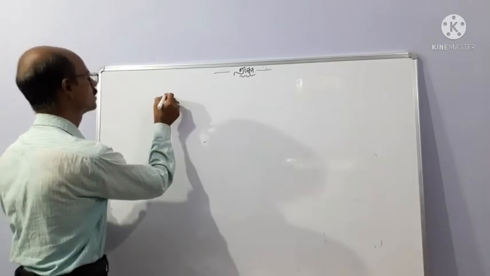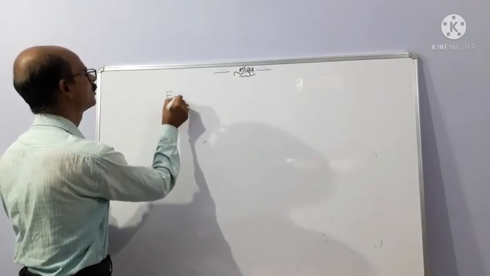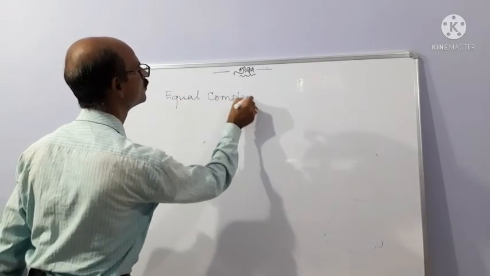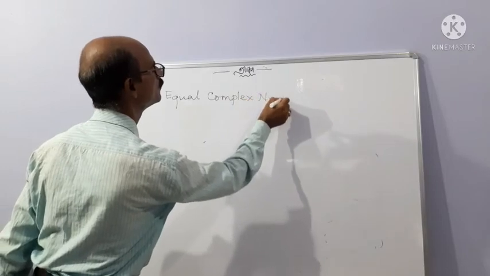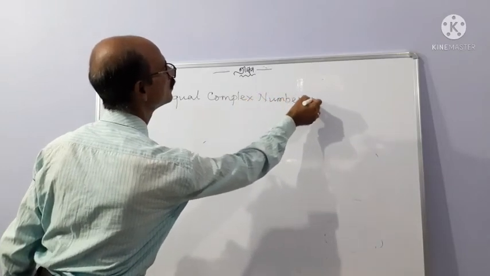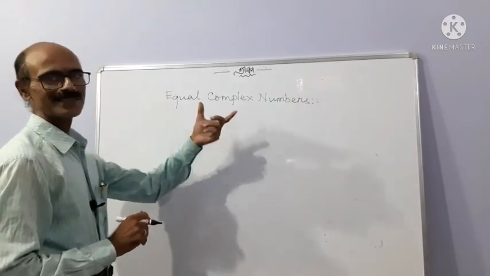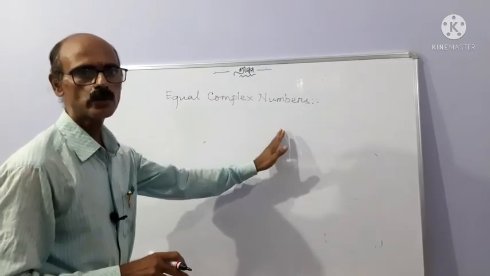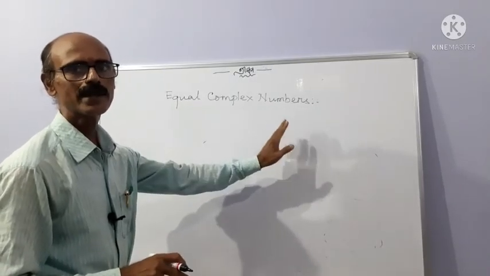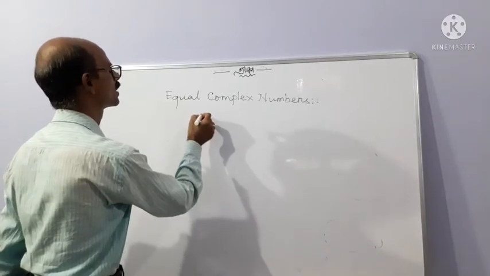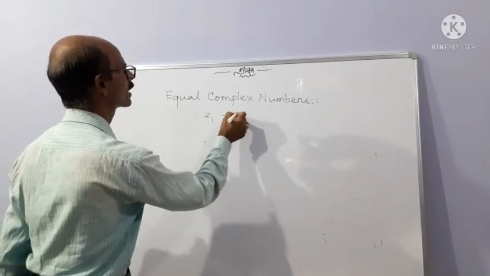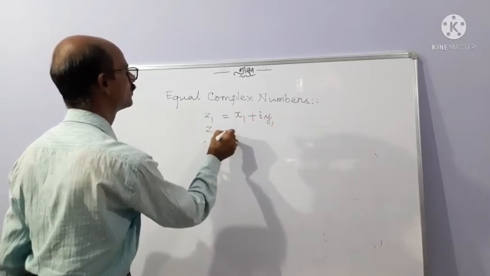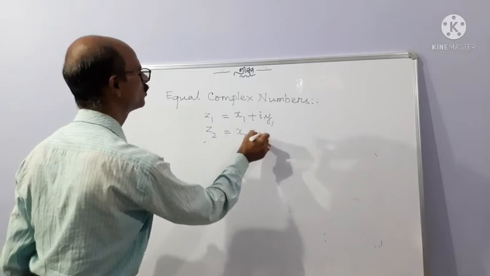Equal complex numbers. Two complex numbers are said to be equal if the real parts of them are equal and the imaginary parts of them are separately equal. Suppose z1 is equal to x1 plus iy1, z2 is equal to x2 plus iy2.